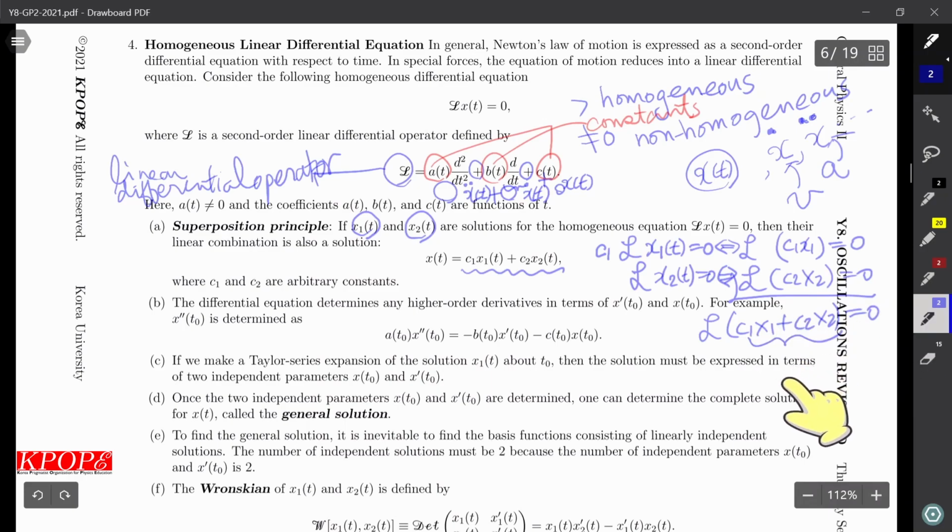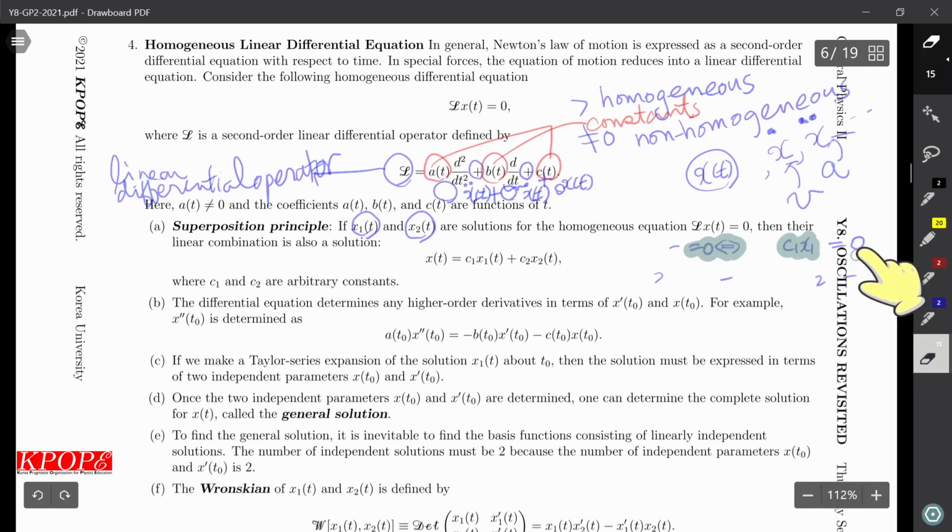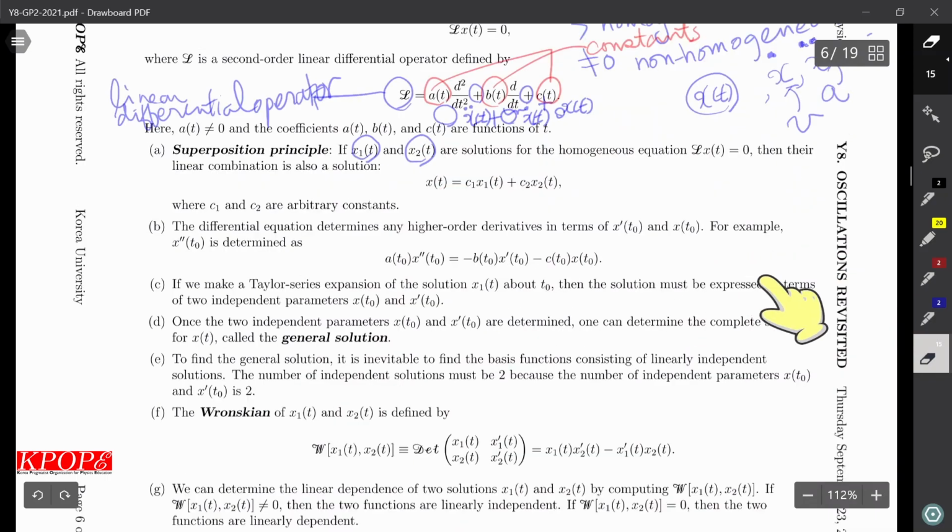Thus, this is also a solution, and c1 and c2 are arbitrary constants. That is called the superposition principle.